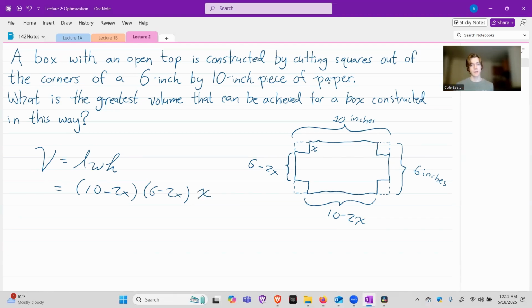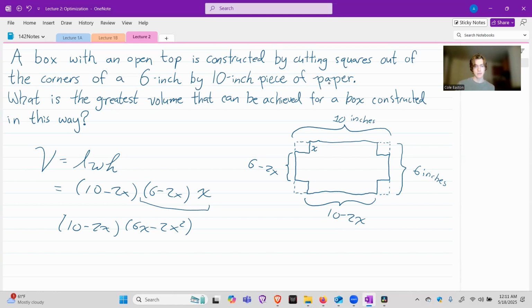I'm going to start by multiplying this part through. So I have 10 minus 2x times 6x minus 2x squared. And then let's just FOIL this out.